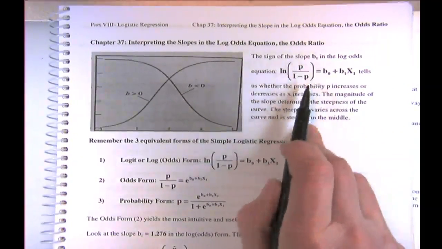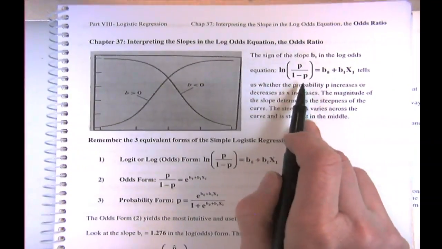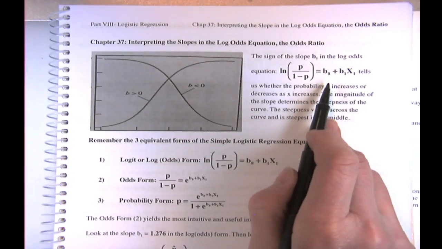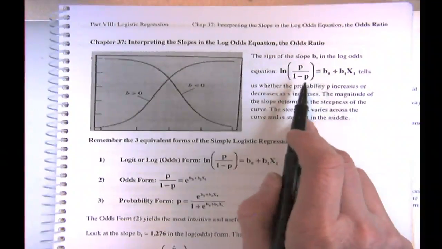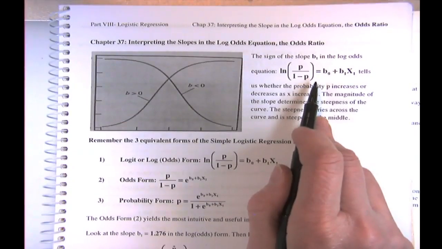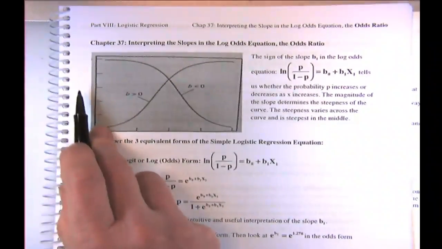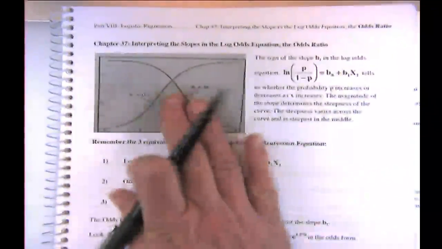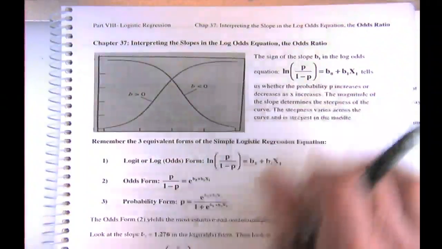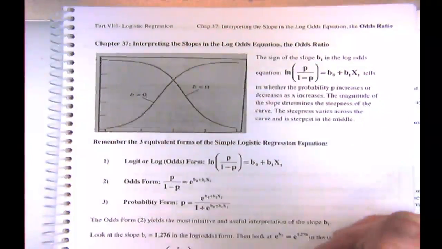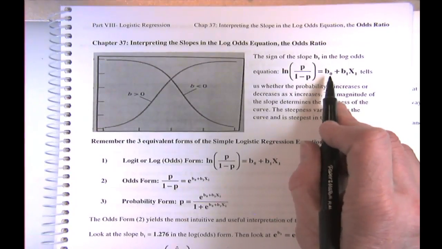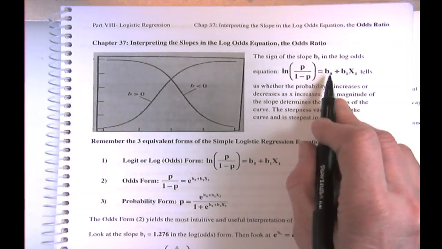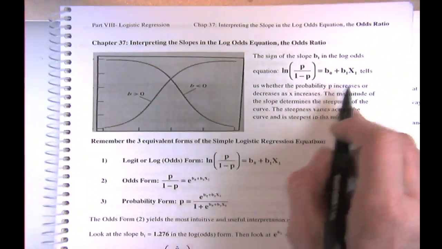Odds is P over 1 minus P, success over failure. And here's a graph of P. This isn't a graph of the log odds. This is a graph of your S-shaped curve, which is E to the beta naught plus beta 1 x over 1 plus that.